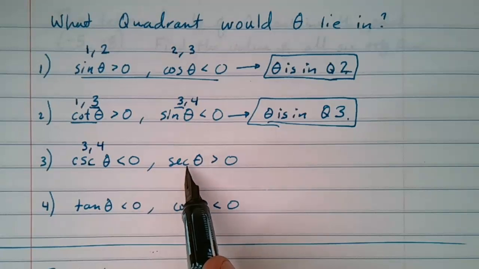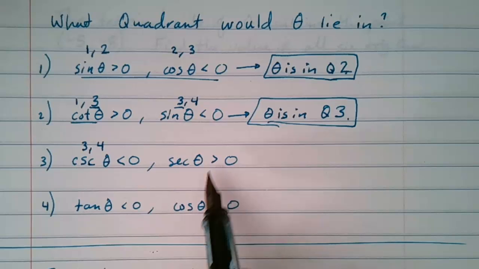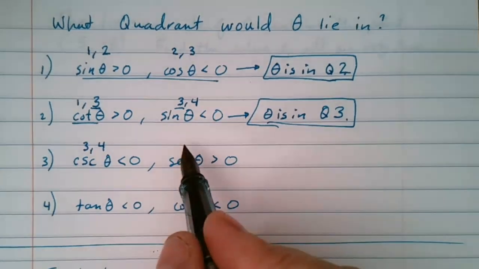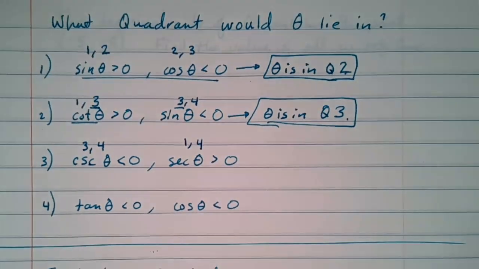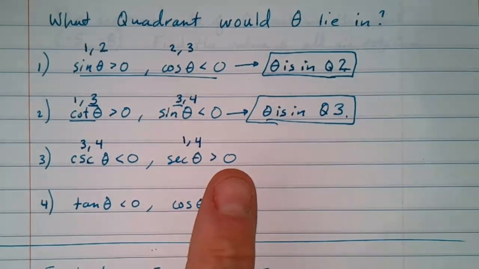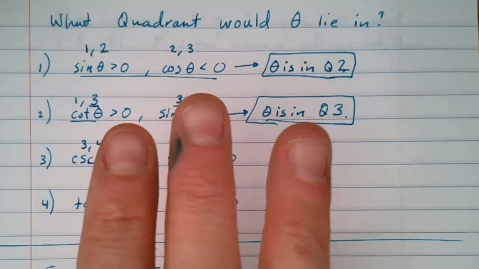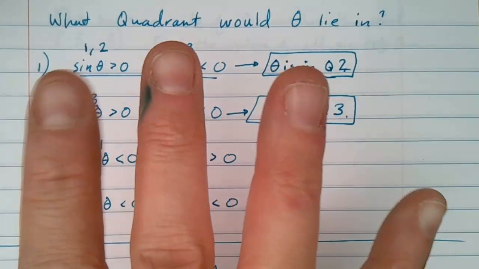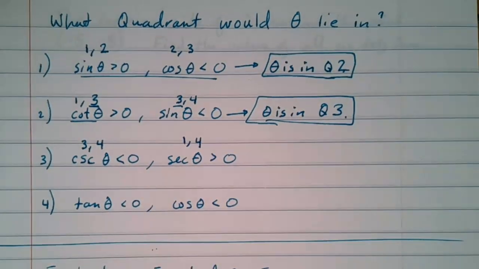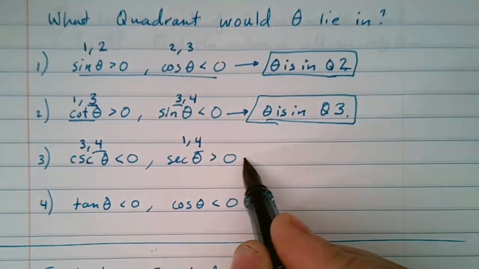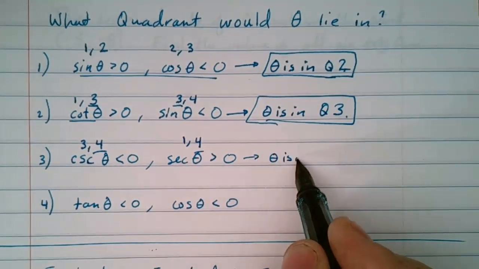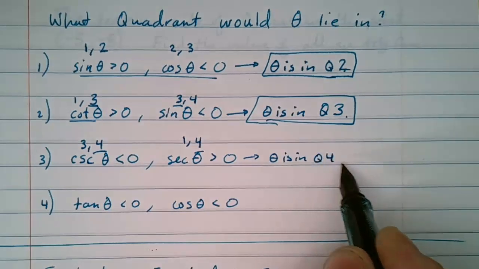Well, if secant's positive, cosine's positive. Where's cosine positive? It's positive in quadrants 1 and 4. And remember, count it out if you need to. All students take calculus. Quadrant 4 is where cosine is positive, 1 and 4. Where do these overlap? Well, they happen to overlap in quadrant 4, so theta is in quadrant 4.